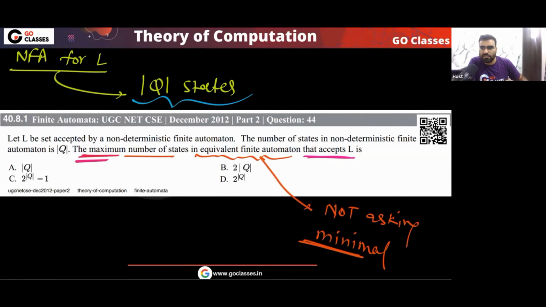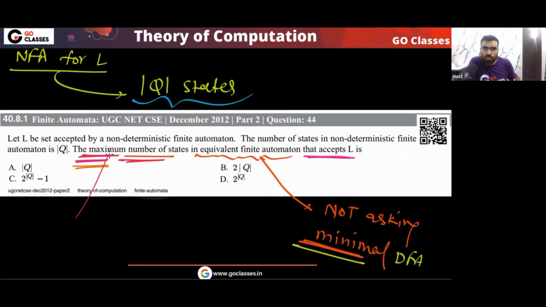Then tell me, in this situation, can I say that you will have at most 2 power Q states in the DFA? Now you can see that you can have any number of states in the DFA. So because the question is asking the maximum number of states in the equivalent DFA, that can be any number.